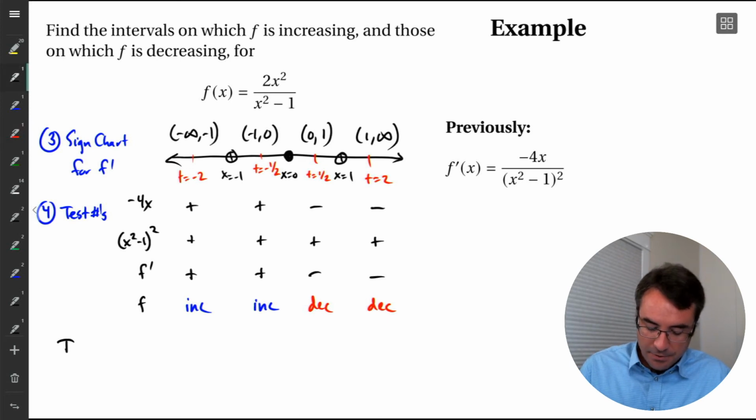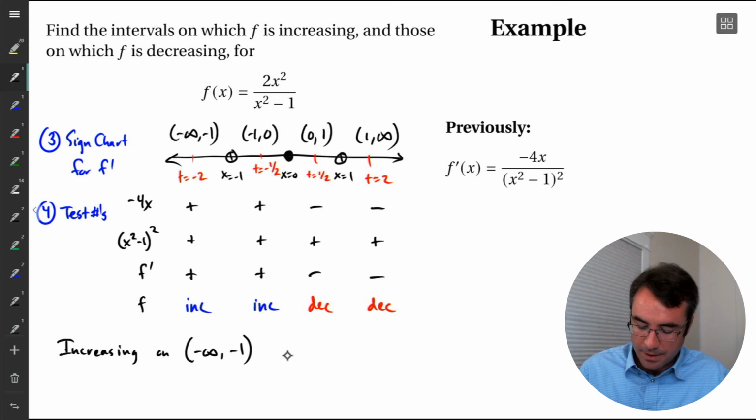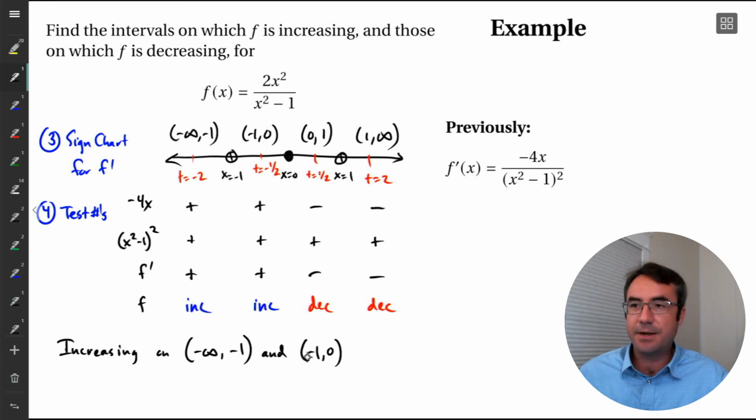And so what we found is that our function was increasing on the interval from minus infinity to minus 1, and on the interval from -1 to 0. Now, why it was kind of helpful to keep track, -1 is not in the domain of our function.